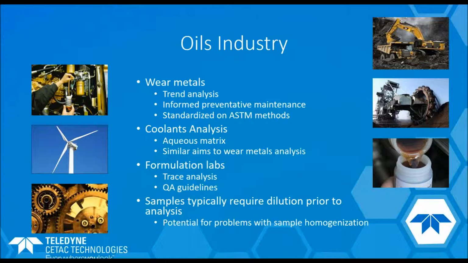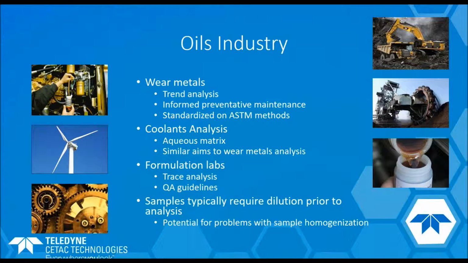So for large pieces of heavy machinery, you can see some examples in the pictures here. It's important to be able to maintain these pieces of equipment, and one of the ways that we do this is by taking samples of oils and coolants from these systems and analyzing those for trace elements.